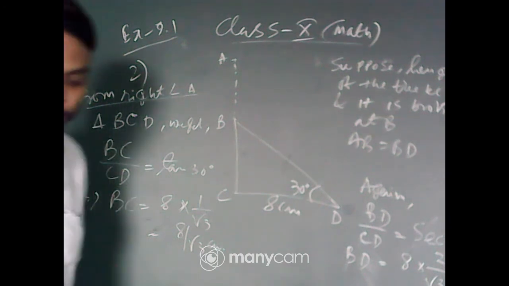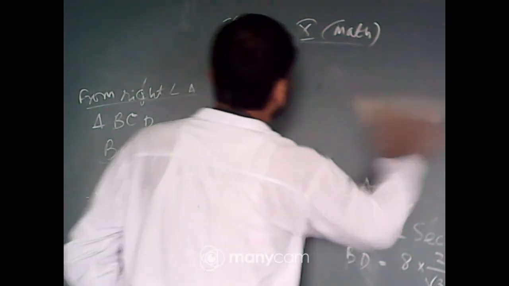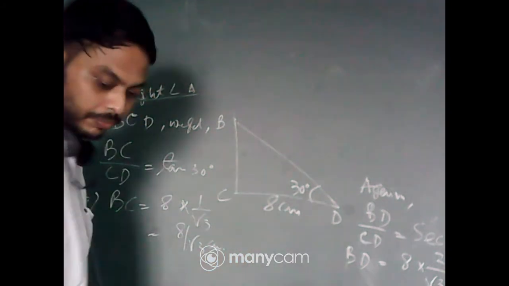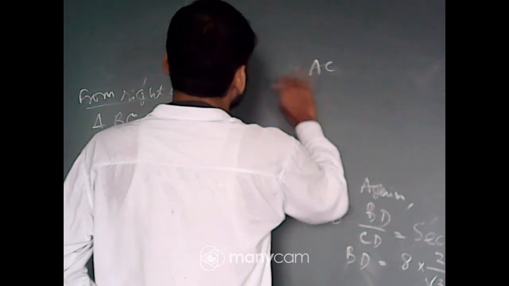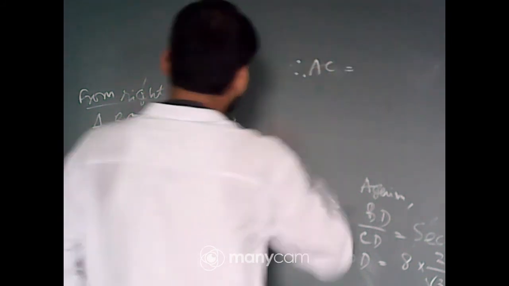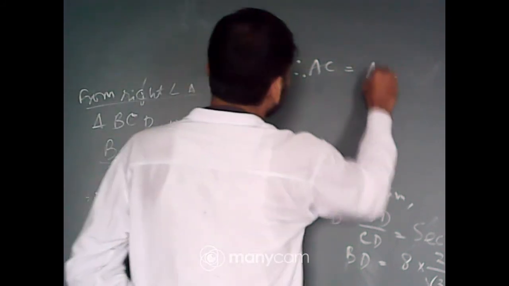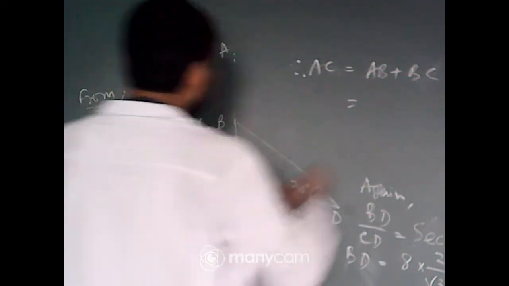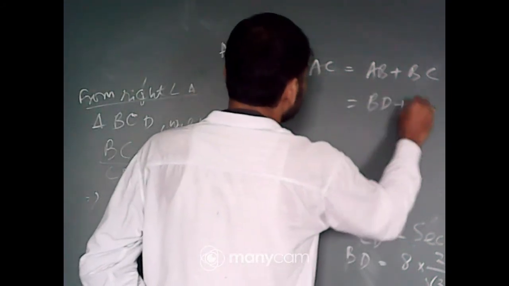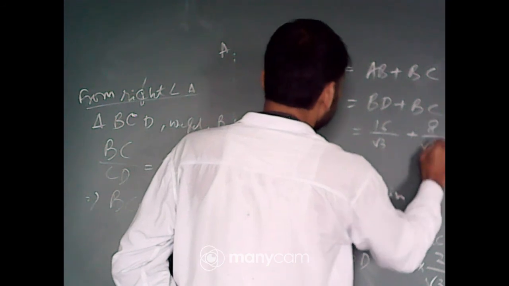Now just add both of them. Therefore AC equals to, from the figure, AB plus BC. That means BD plus BC. That means 16 by root 3 plus 8 by root 3.